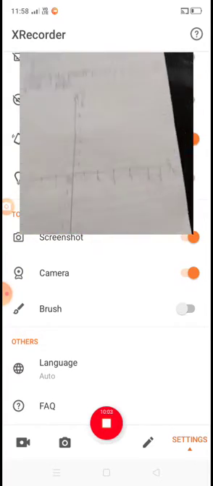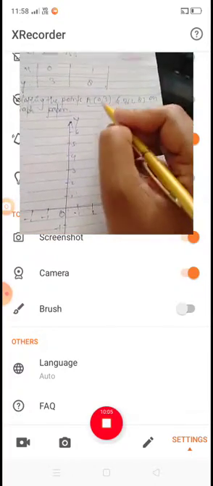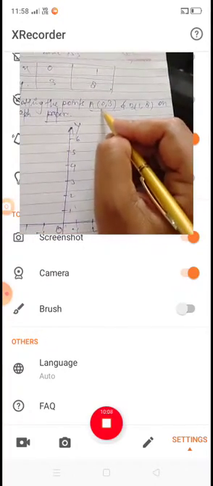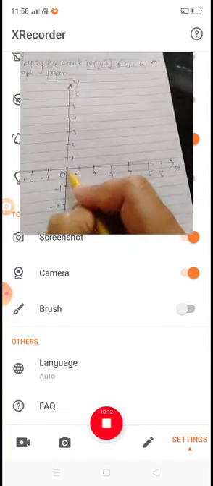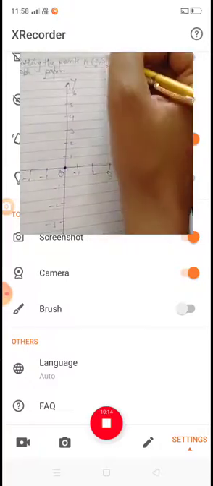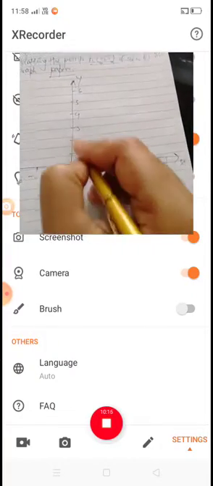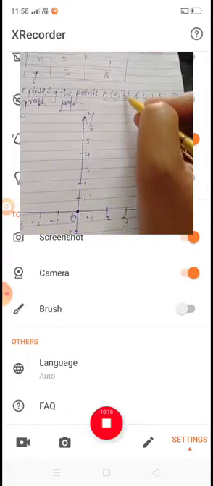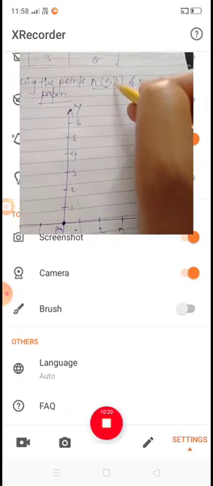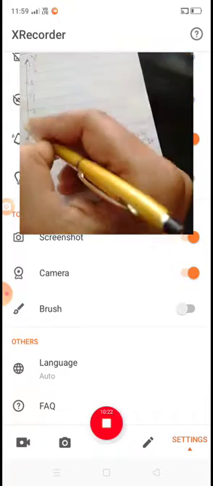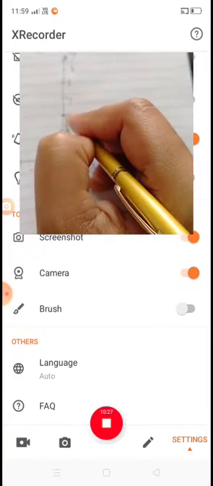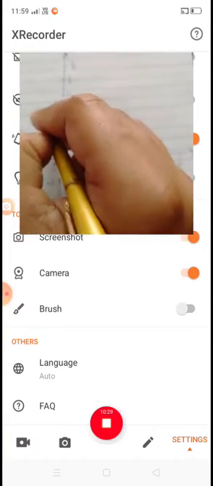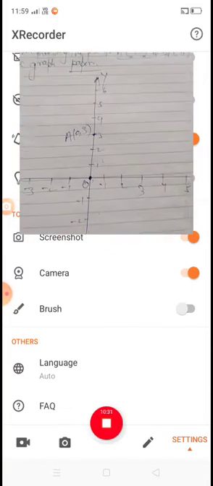Okay, and we plot the point A (0, 3). Here the first point is (0, 3): the abscissa is 0 and the ordinate is 3. The ordinate is positive, so we go in the positive direction of y: 1, 2, 3. So the first point A is here, (0, 3).